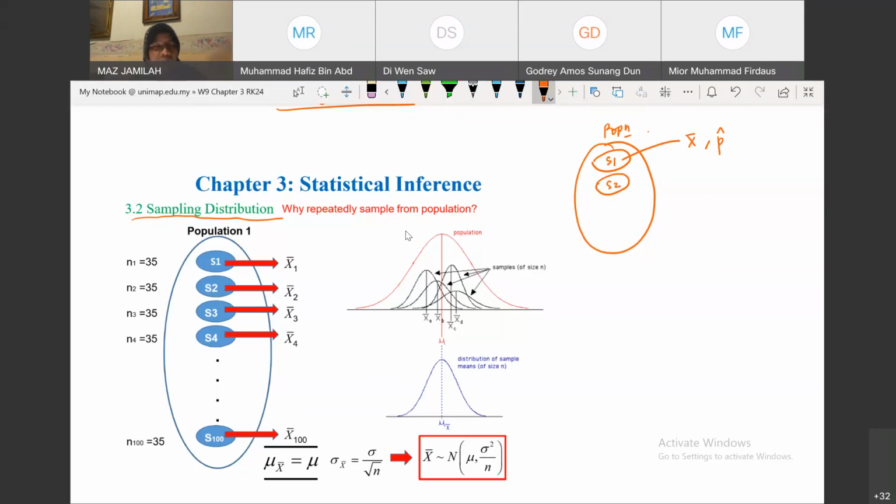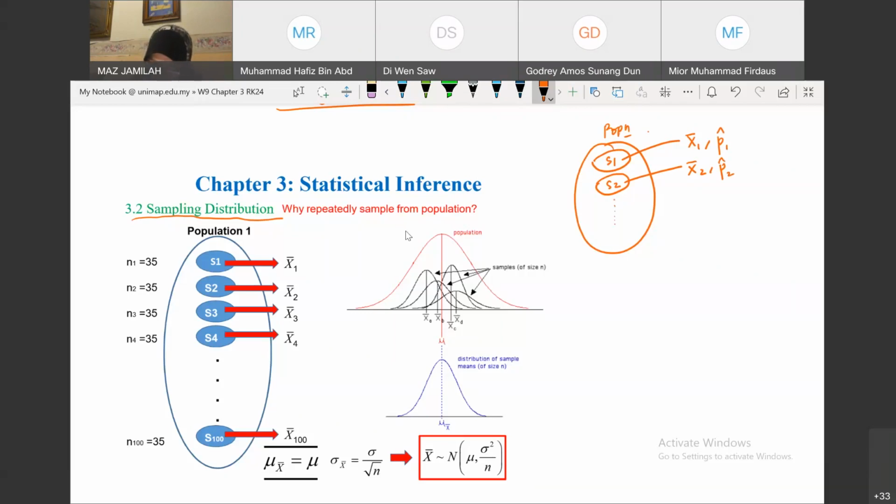I collect the data, I measure the data, and then I make some calculation, and I get my statistic from my second sample. And I can repeat this again and again. Let's say I repeat until my 100th sample.